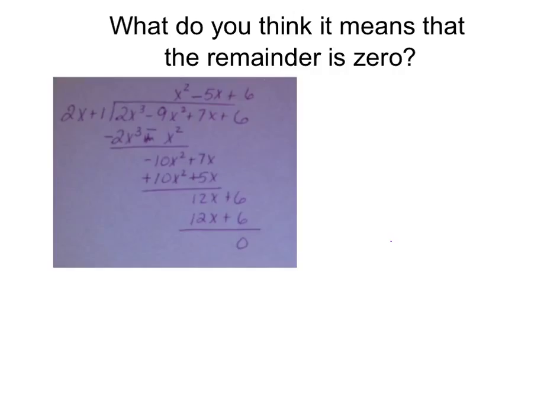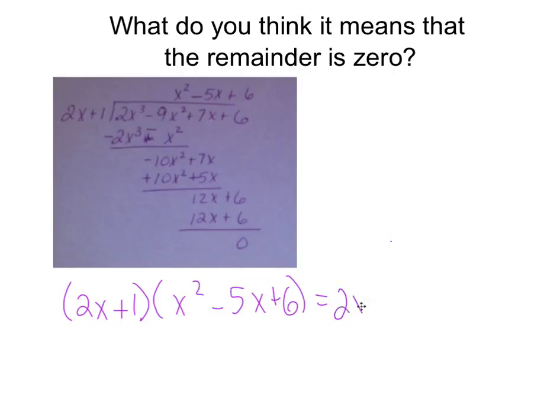Up here a little bit. All right, so let's see. 2x plus 1 times the quantity x squared minus 5x plus 6 has to equal 2x to the third minus 9x squared plus 7x plus 6.